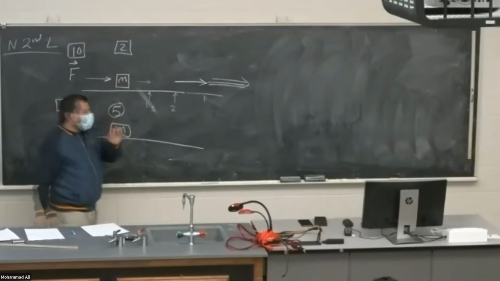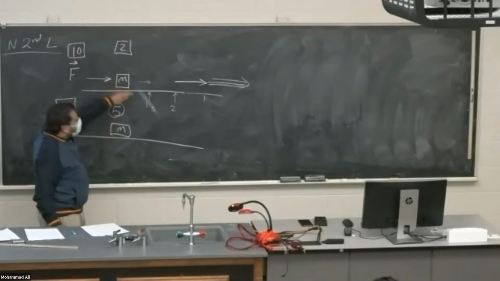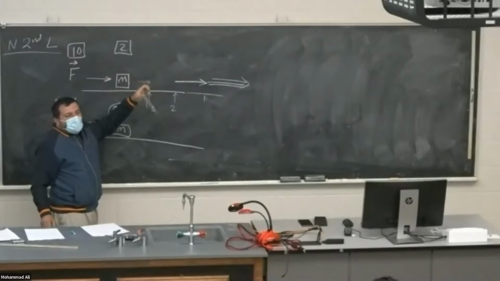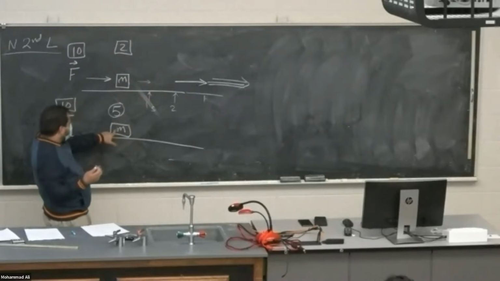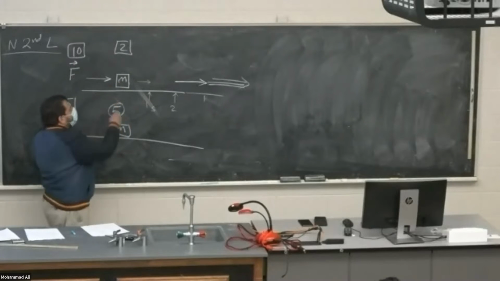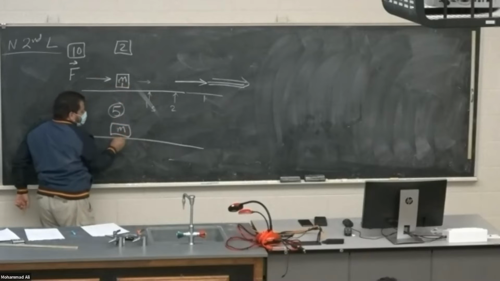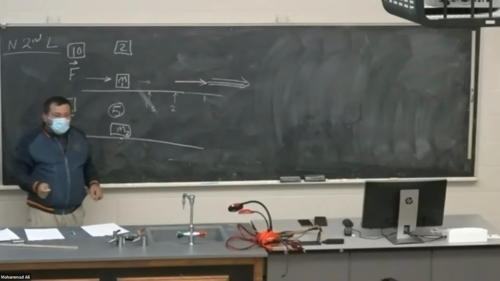Do you think the mass will gain an acceleration and velocity the same as the first one? This is m1, this is m2. Do you think it is the same?